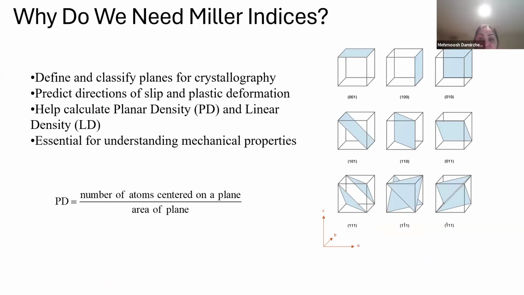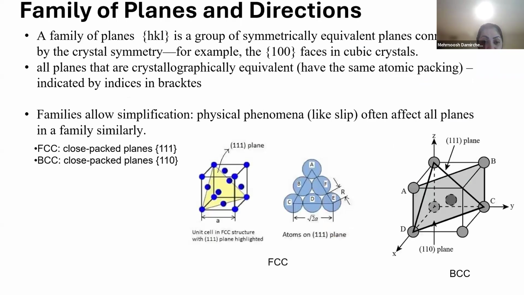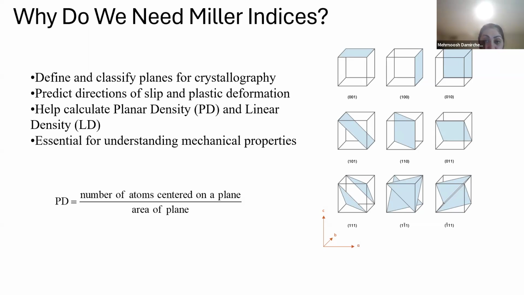Why do we need Miller indices? Okay, first, to define and classify the planes in crystallography. Here I want to add some tricks: if you see a 0 in the plane indices, for example 0, 0 here, it means the plane is parallel to the x-axis and y-axis and only intercepts the z-axis at 1.